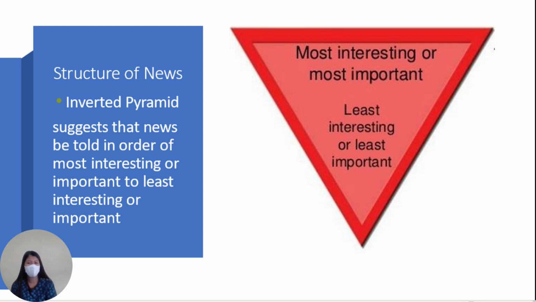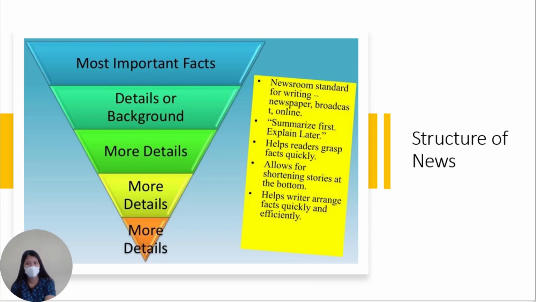It suggests that it should be told in an order that the most interesting is first discussed, and then the least interesting or the least important parts would be discussed later or reported later. So this is the inverted pyramid structure.